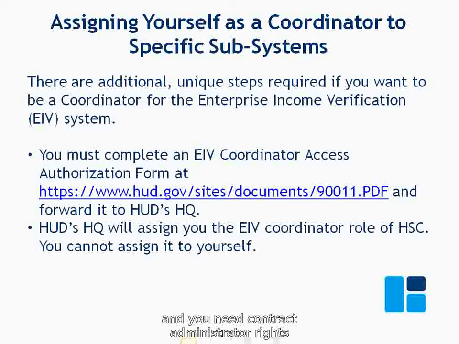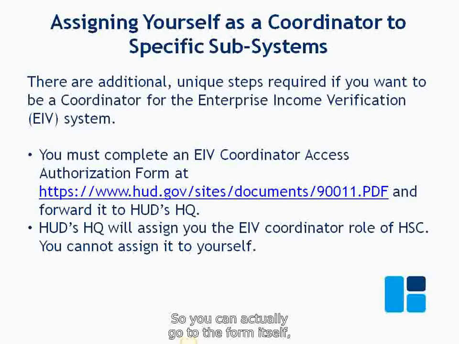When you submit that form, the link that I've given you is actually to a PDF. You fill out the PDF and you email it to the multifamily email address that's listed on the PDF form. So you can actually go to the form itself.